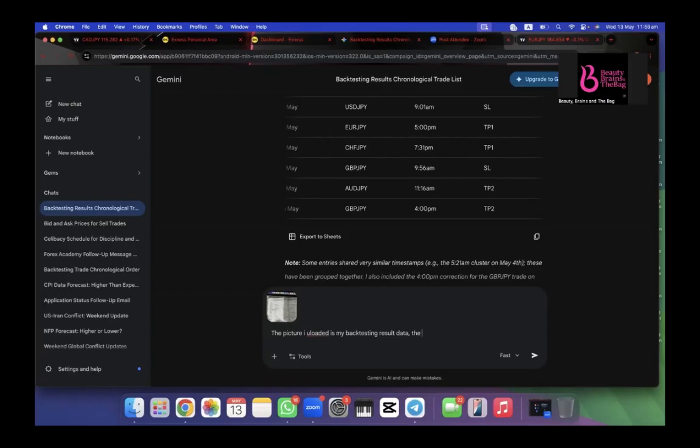Because if I show you this paper now like this, you're not going to understand. It's when I actually explain to you that you're able to think, okay, this was that, you understand. So I want to actually explain what you uploaded so it can actually read it and understand. The picture I uploaded is my backtesting result data.